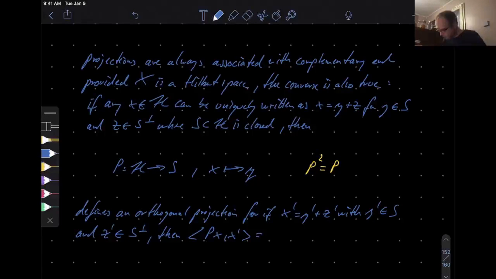So what goes on? P of x is mapped to y, and x prime is y prime plus z prime.